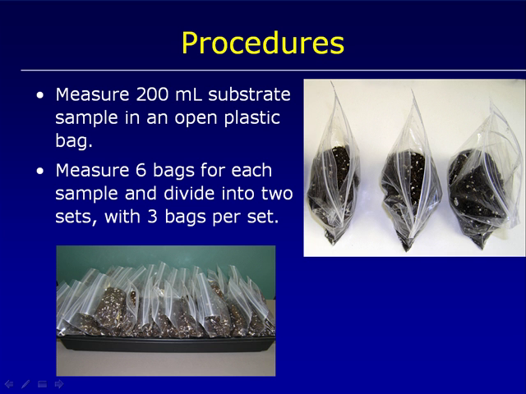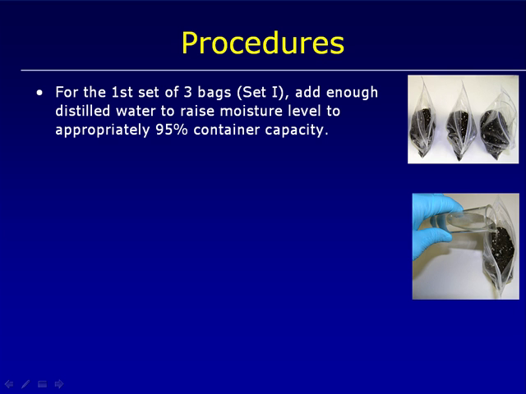We'd recommend that you do 2 sets of 3 bags. One set is going to be used for a water addition, the other for an acid addition. For the first set of 3 bags, add enough distilled water to raise the moisture level to approximately 95% container capacity. The growing medium should be completely saturated, but not with much free water in the solution unless you squeeze it.